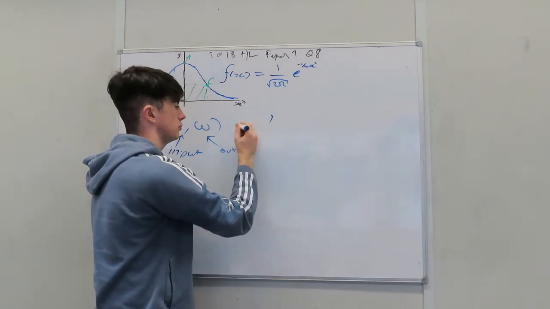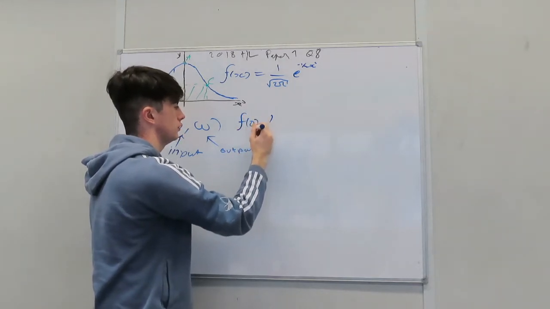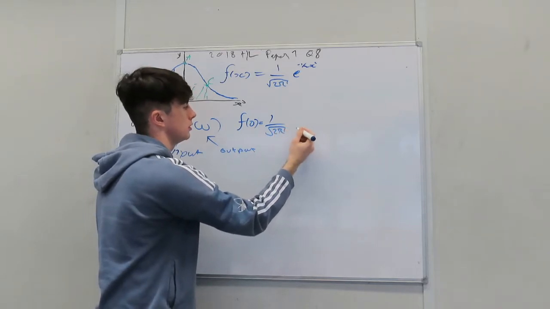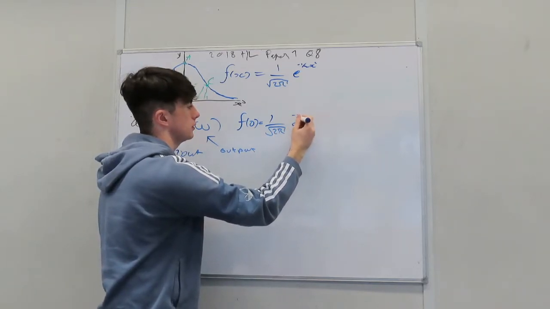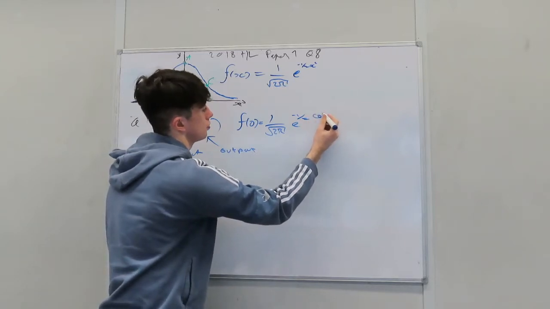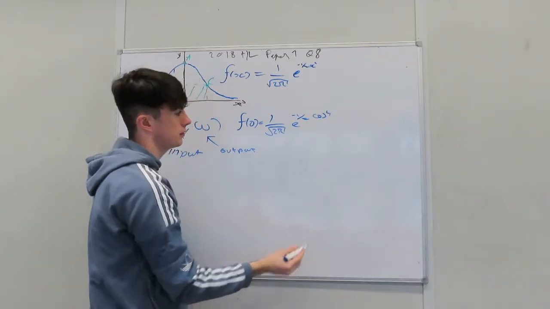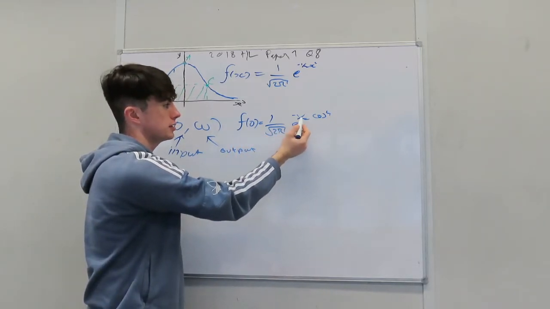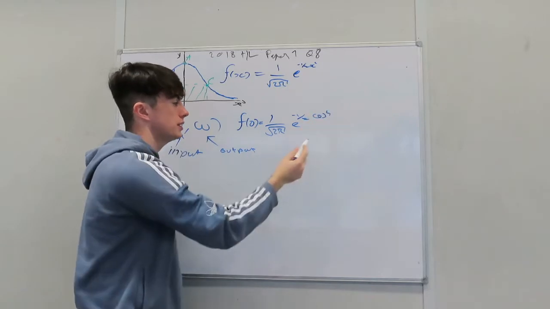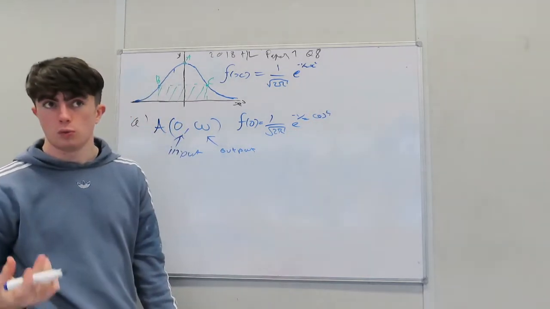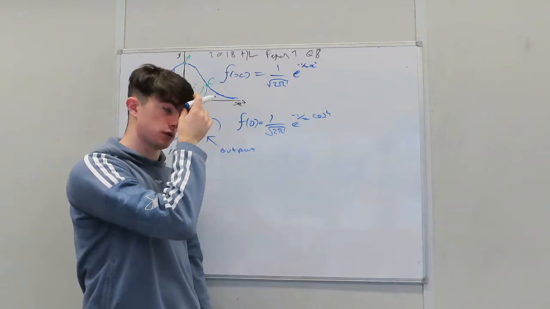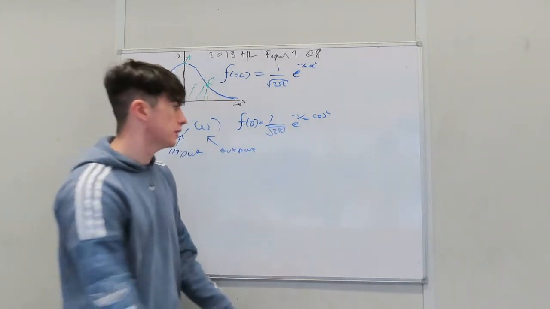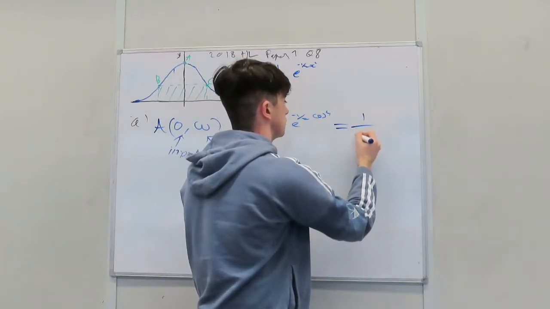So we do f(0), which goes to 1 over the square root of 2 pi, e to the negative a half, 0 squared. The e to the minus a half, 0 squared, goes to 1, because something to a power of 0 goes to 1, as we know. And 1 multiplied by 1 over the square root of 2 pi is equal to 1 over the square root of 2 pi.